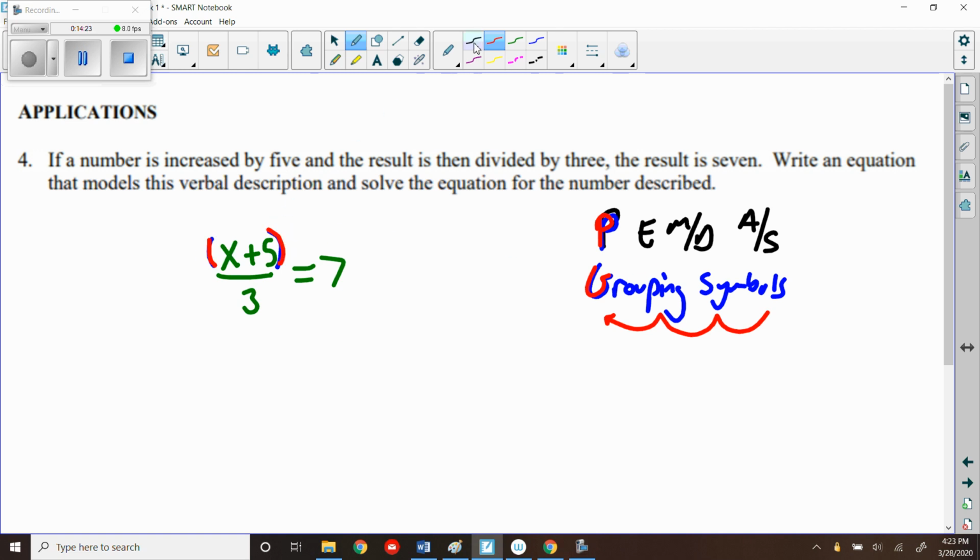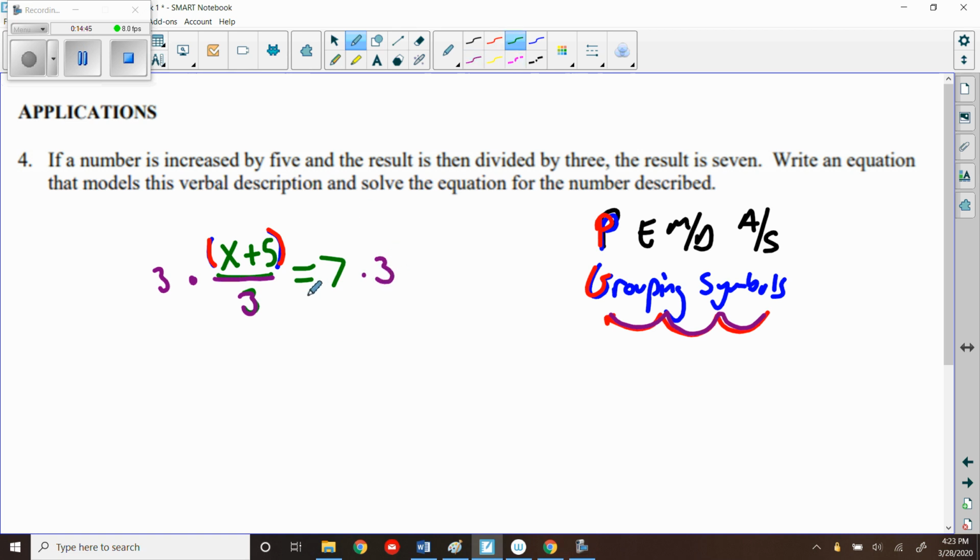In order to solve this equation, I must first attack that divided by 3, because undoing that means that the multiply and divide is coming before the understood set of parentheses or the grouping symbol. So in order to attack this divided by 3, I'm going to multiply both sides by 3 to maintain balance.